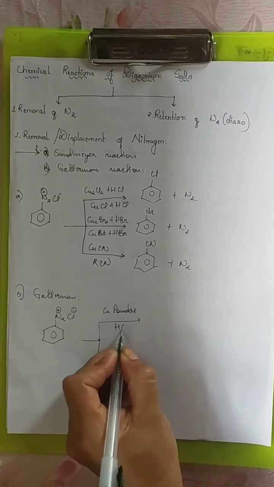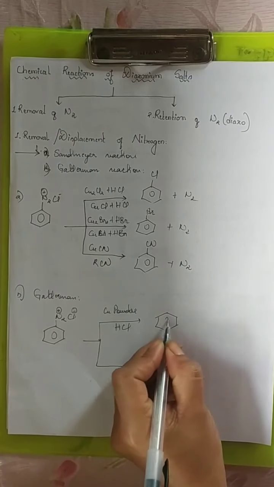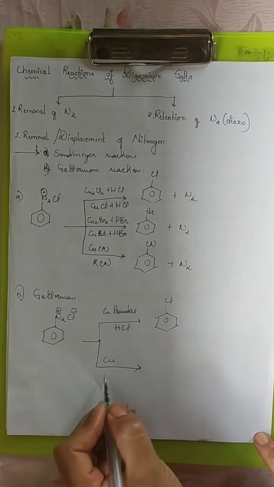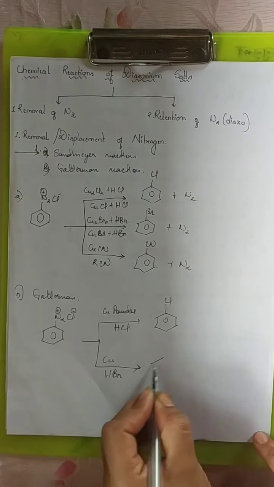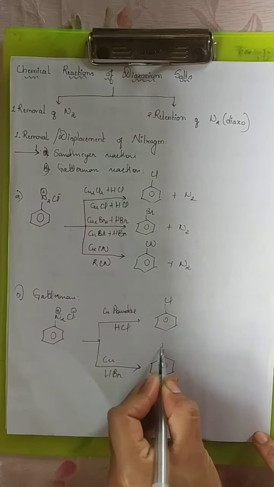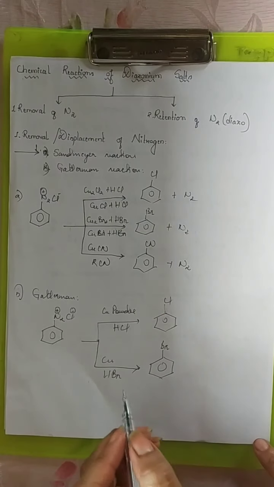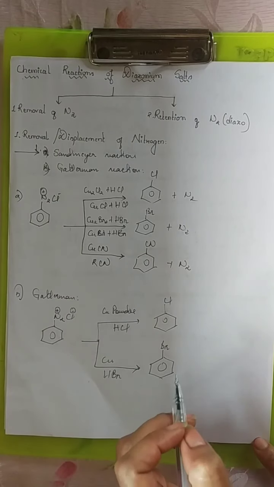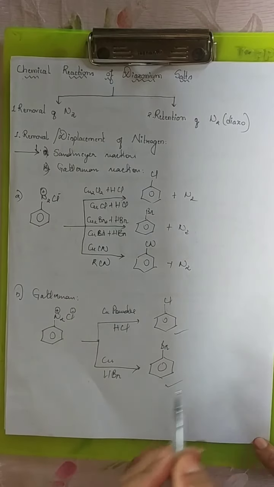If we use HCl with copper powder, we will get chlorobenzene, and if we use copper powder with HBr, we will get bromobenzene. It is to be noted that there is no cyano product in Gattermann's reaction; only chloro and bromo products are obtained.